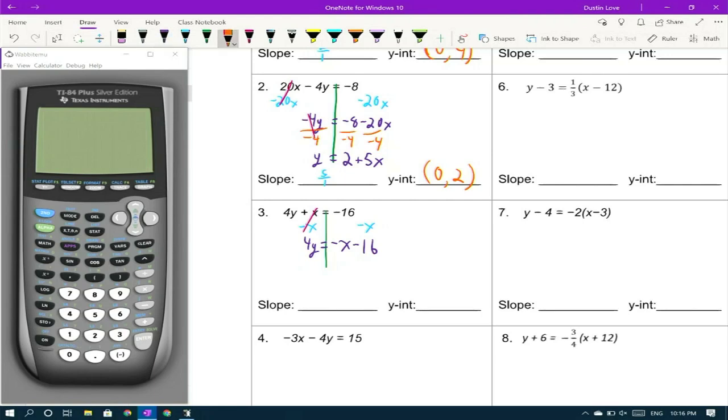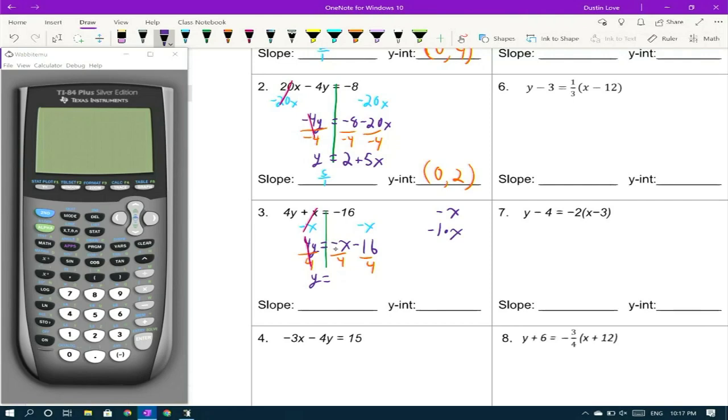Now I'm going to divide everything by 4. And that's going to leave me with y equals, those two go away. Now, negative x divided by 4. Remember that negative x is the same thing as negative 1 times x.